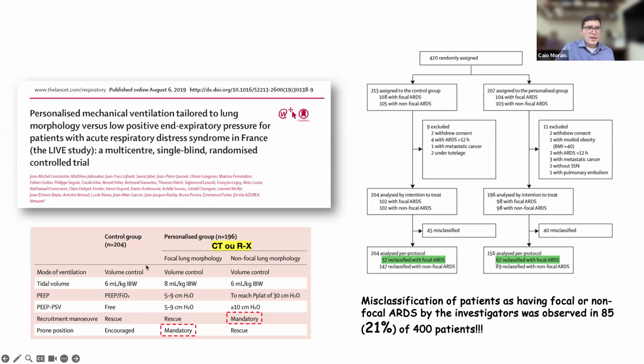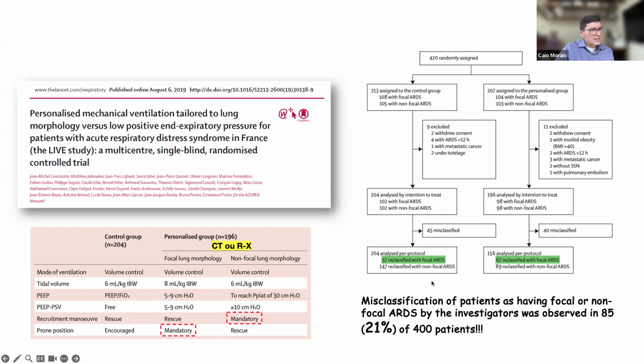For instance, patients with non-focal lung disease received lung recruitment as a mandatory rule, and they received more PEEP. In the other group, patients with focal lung disease, prone position was mandatory, and they used low PEEP and a little bit more tidal volume.